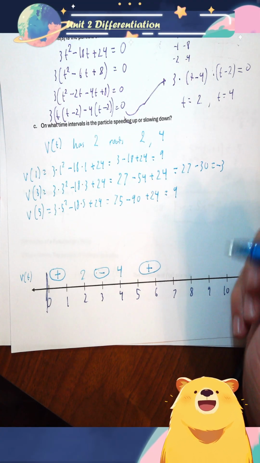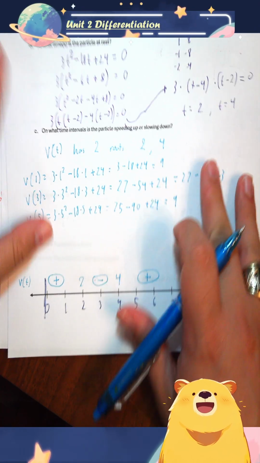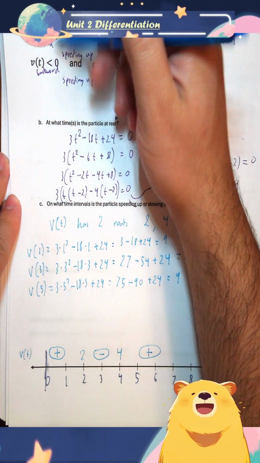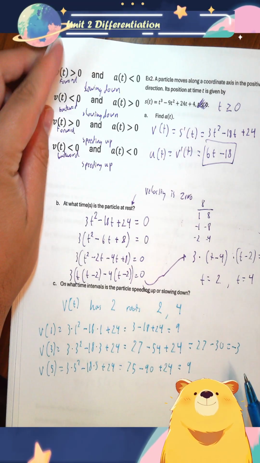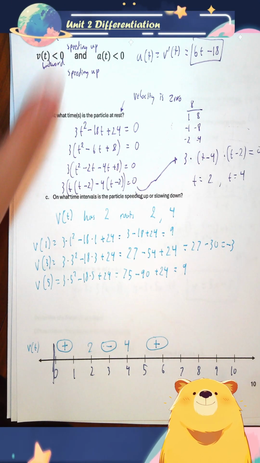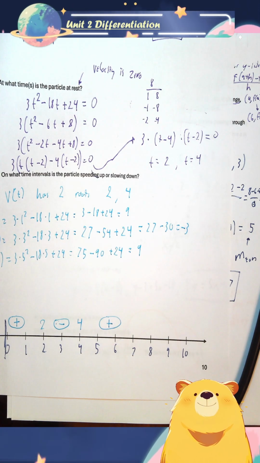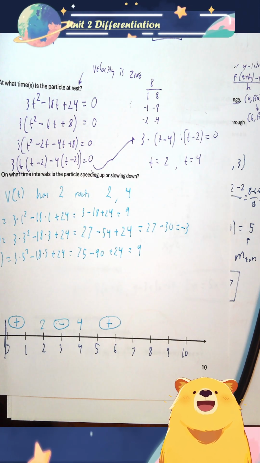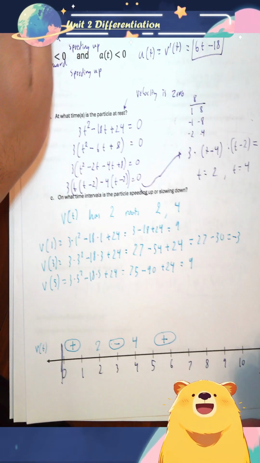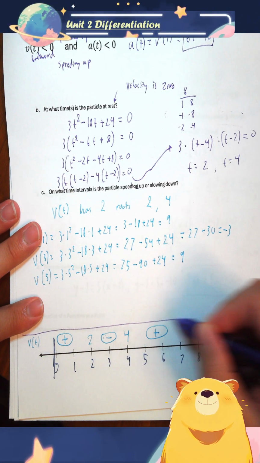Now, this isn't done because we're determining speeding up or slowing down. Speeding up and slowing down involves the velocity and the acceleration. So keep that in mind. Let's now, as a separate note, do the acceleration.